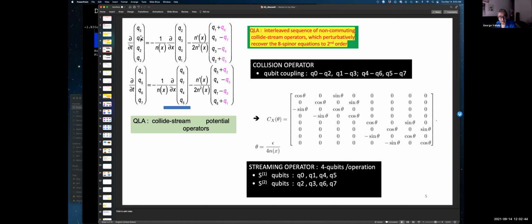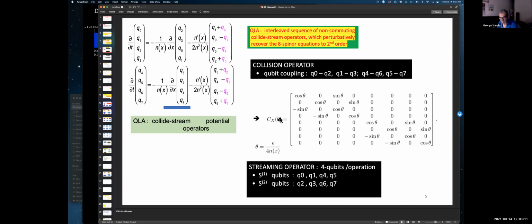One notices that first, let's look at the derivative term. We see Q0 couples to Q2, Q1 to Q3, 4 to 6, 5 to 7. So that means that the collision operator will couple 0 to 2. There's the coupling 1 to 3, etc. So that's how you can devise the 8x8 collision matrix.